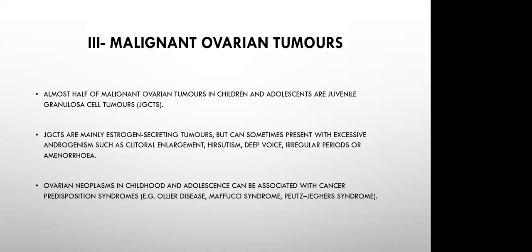This is simply a classic picture of granulosa cell tumor. Additionally, if you have a scenario, for example, with a patient who had abdominal distension and precocious puberty, you have to think about granulosa cell tumor. Is that common? No, it is not. But it's very tricky in the exam.